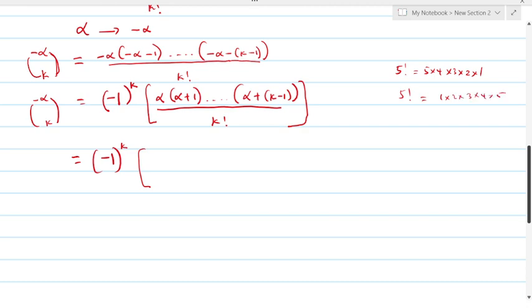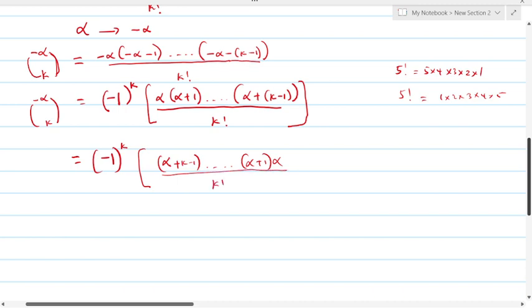So I'm going to start writing this all over, and that will be alpha plus k minus 1, dot, alpha plus 1, then alpha, over k factorial. To make this a complete combination, I'm going to include alpha minus 1 factorial in my denominator.